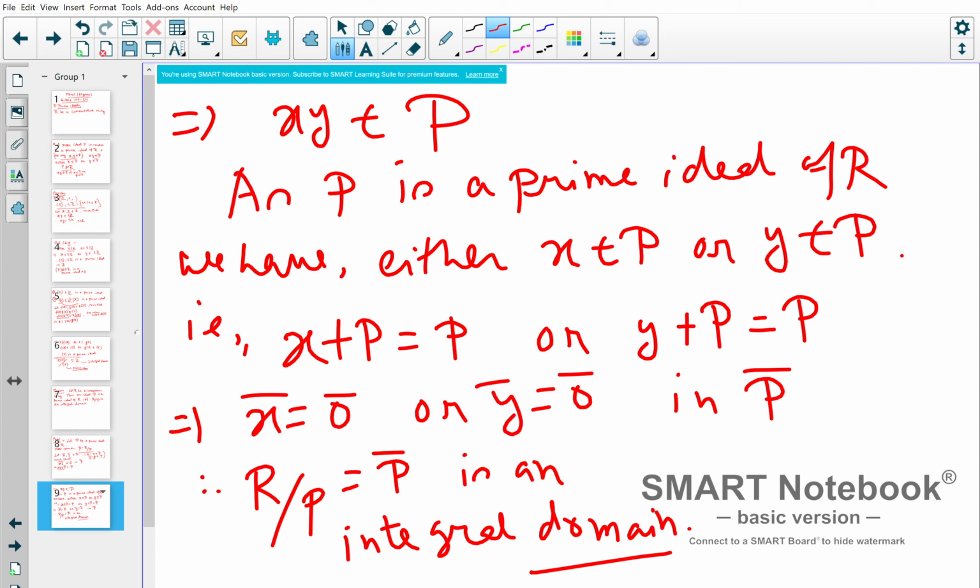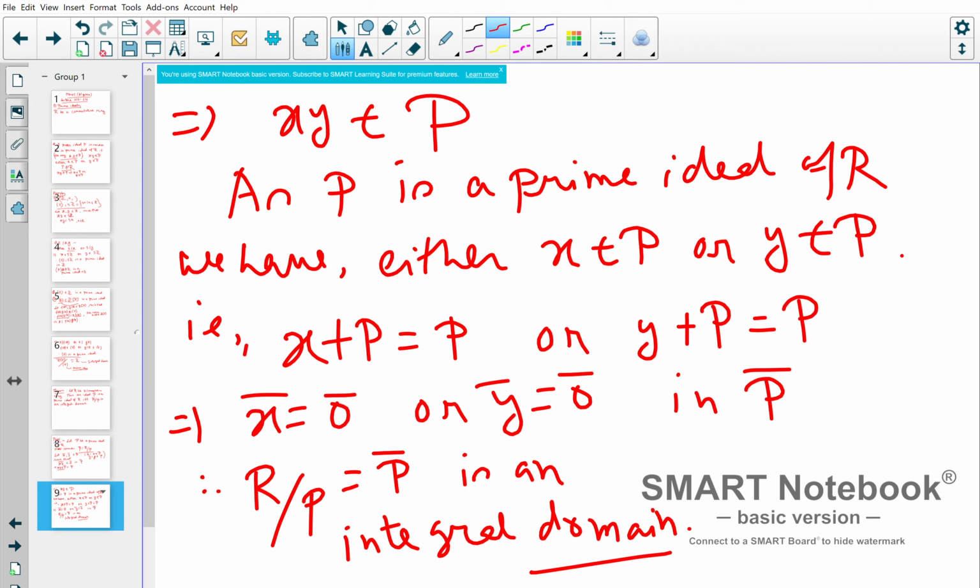Clear? So we started with the product of two elements being 0 inside R mod p, and we showed that at least one has to be 0. So there cannot be a zero divisor. So that means that R mod p is an integral domain.